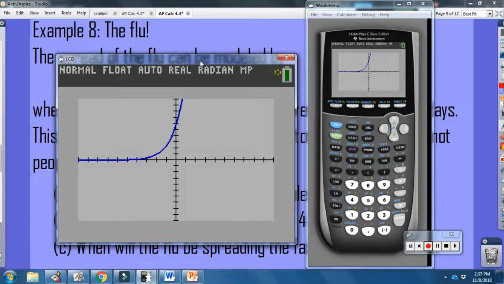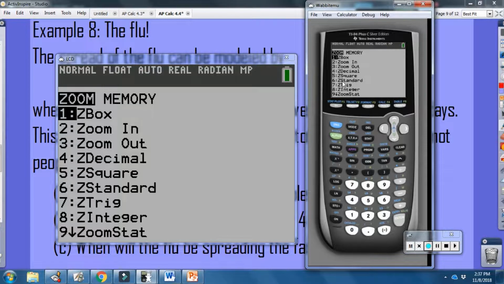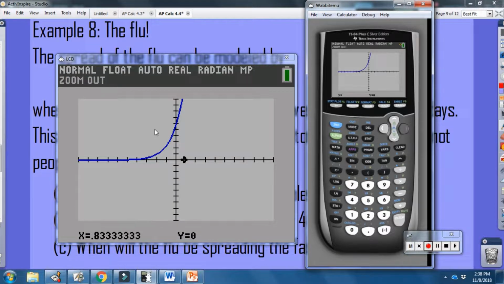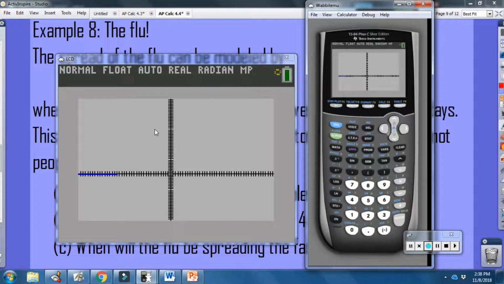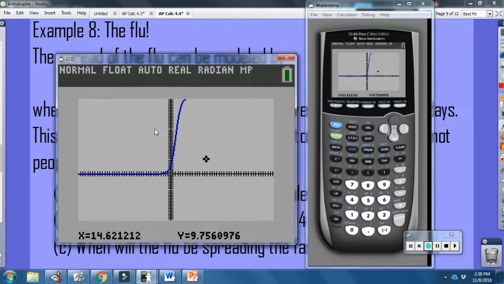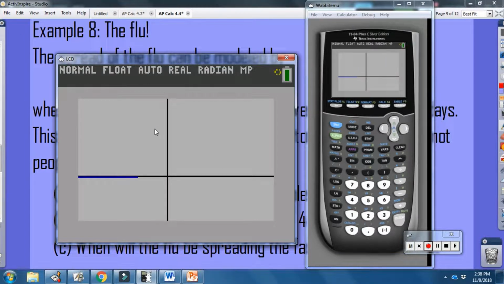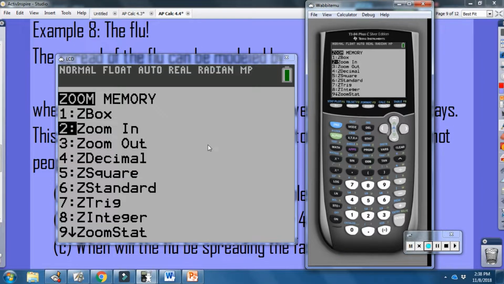So it starts out almost at 0, and then it goes up really fast. I can't even see this really. Let's try zooming out. Okay, I can see it a little bit better here. I'm going to zoom out just a little bit further. Okay, there it's a little bit too zoomed out, but you get the idea. It goes up really fast, then it levels off.